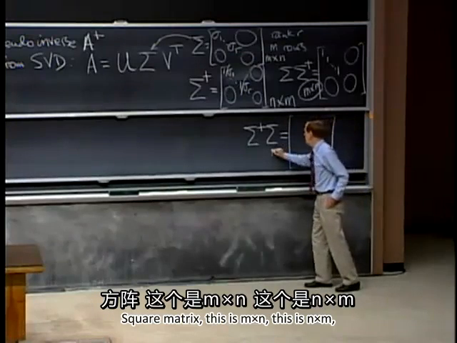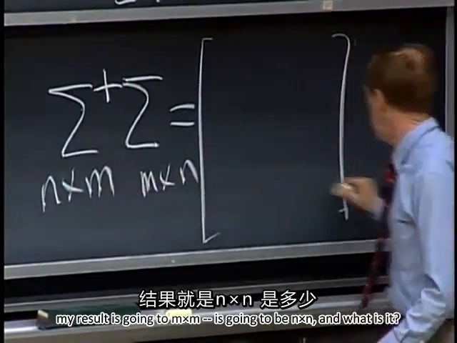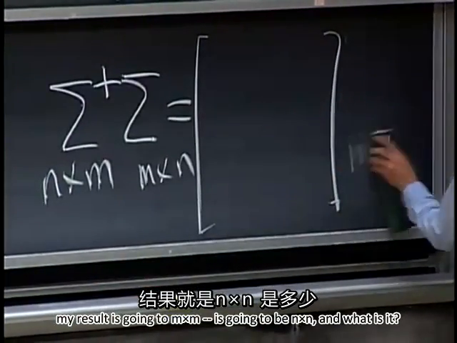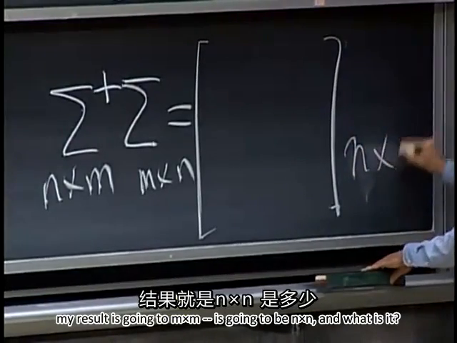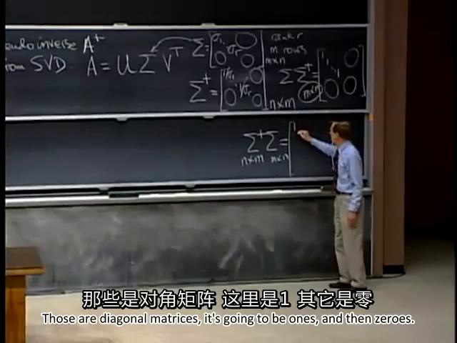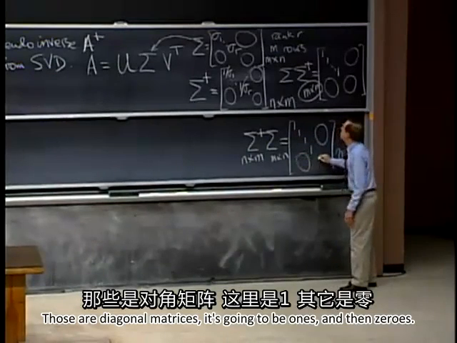This is m by n, this is n by m. My result is going to be n by n. And what is it? Those are diagonal matrices. It's going to be 1s and then zeros.